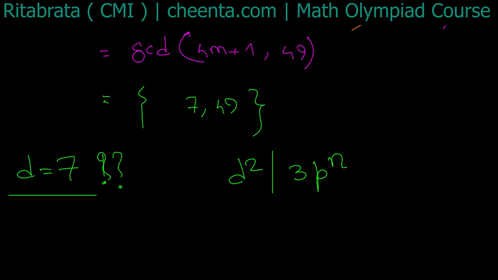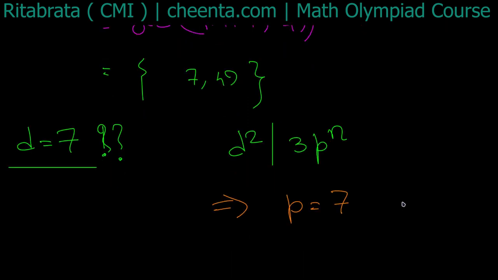In either case, my GCD is a power of 7. So in that case, we must have p equal to 7, because if p is any other prime, we cannot have 7 divides that thing. And d cannot be 3 either. So p must be 7.